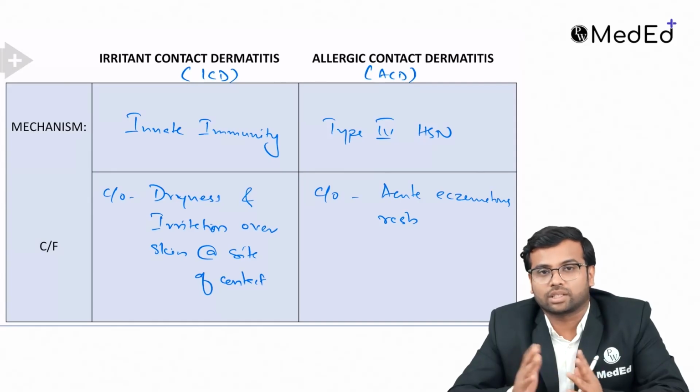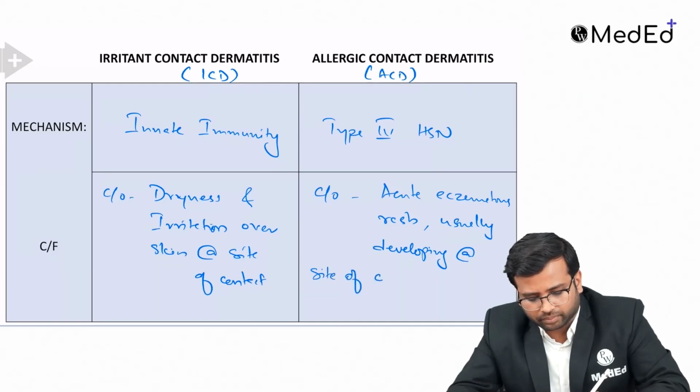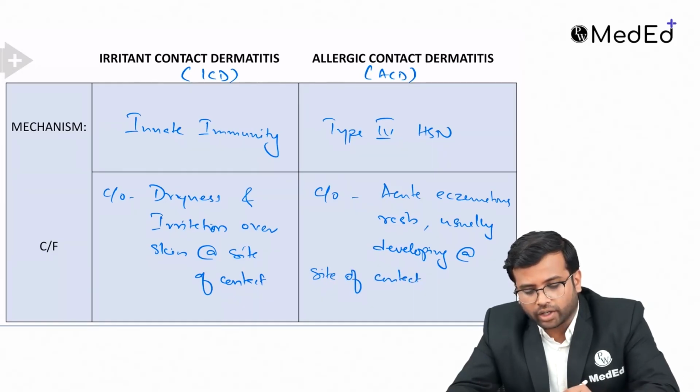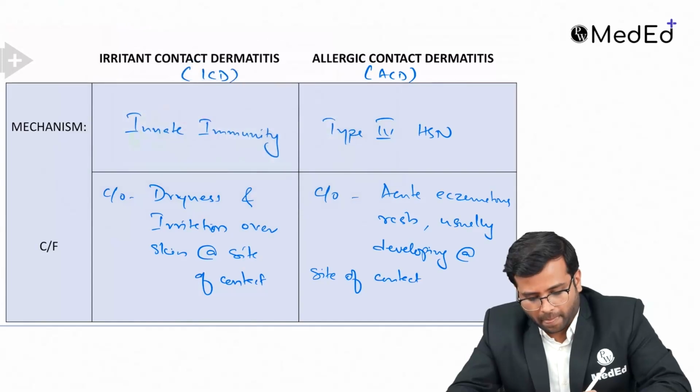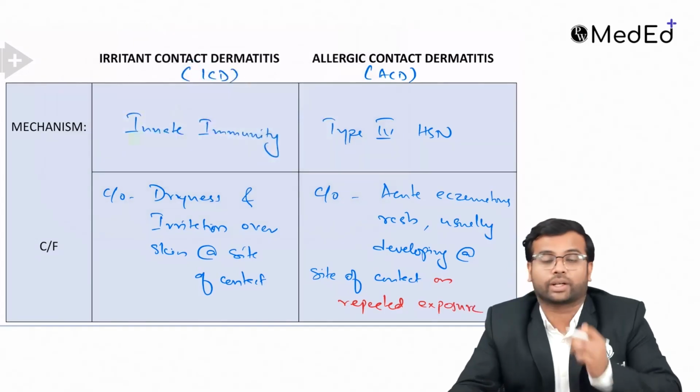That is an acute eczematous rash, but this usually develops at the site of contact on repeated exposure. Now this is the usual presentation of allergic contact dermatitis.